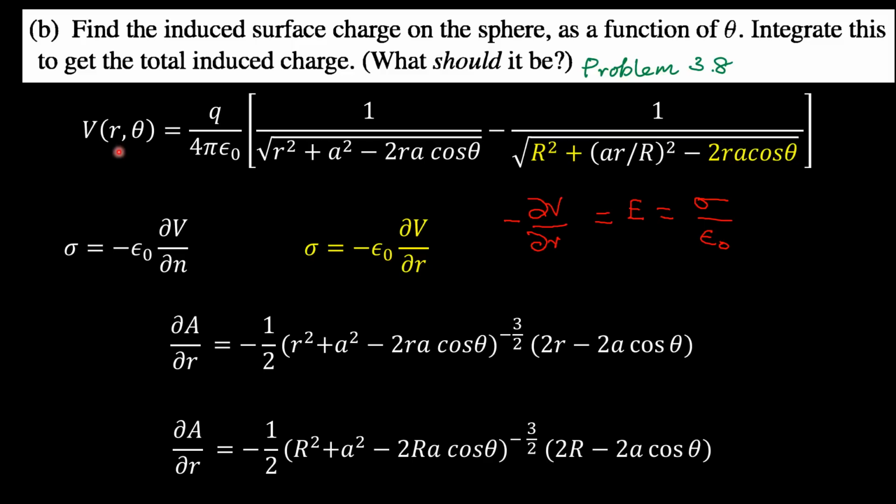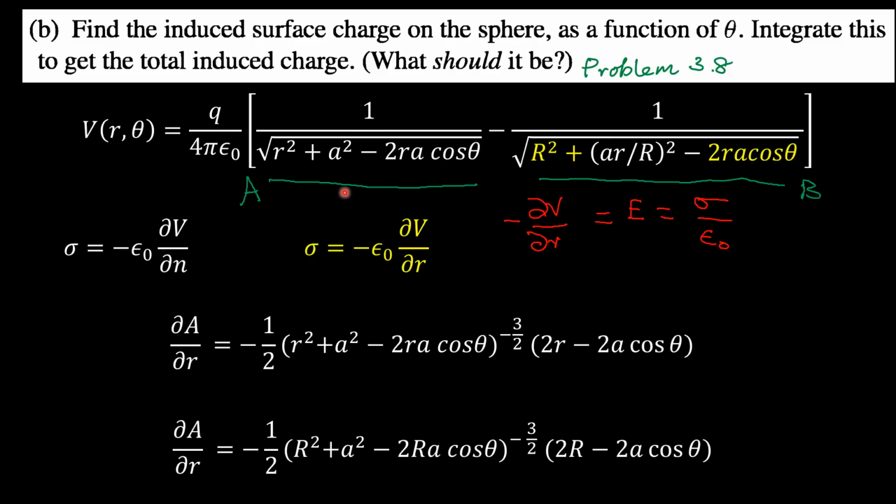Now we have to differentiate this potential. We can split this conveniently into two parts. The first 1 over square root term you can keep as A, then the second one as P, in order to make the mathematical simplification. Later on we will multiply by q over 4 pi epsilon naught.